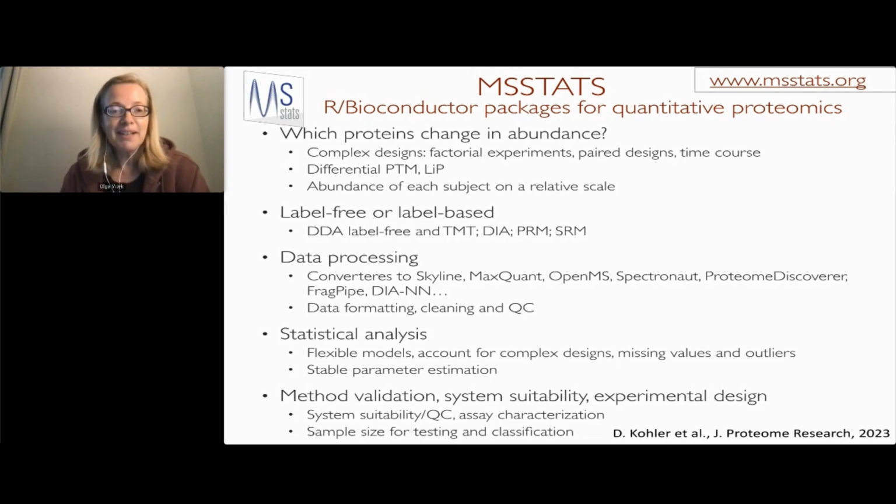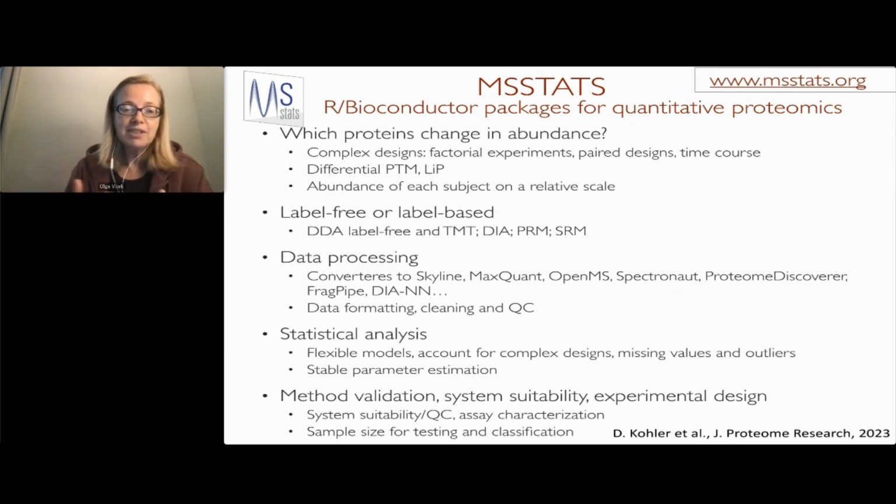It sounds simple enough, but very quickly we realized that this is actually a fairly complicated question for many reasons. The first reason is complex design. In reality, we rarely are interested in just two conditions, such as healthy and disease, but often we want to incorporate multiple related conditions, such as multiple related treatments, or maybe different subtypes of disease, into our study.